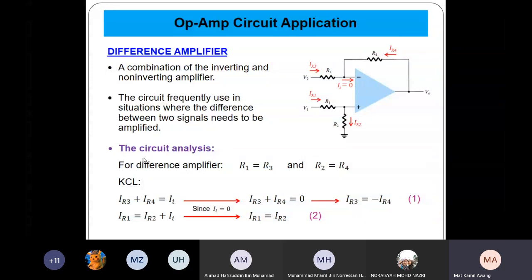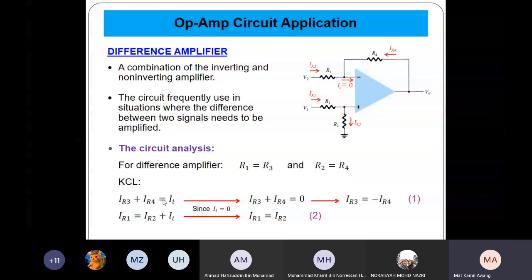Now, the circuit analysis. How are we going to analyze this? Let's say R1 is equal to R3, and R2 is equal to R4. So basically the ratio of this and the ratio of these are the same. This is our assumption: R1 equal to R3 and R2 equal to R4.